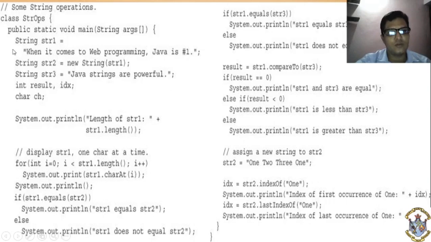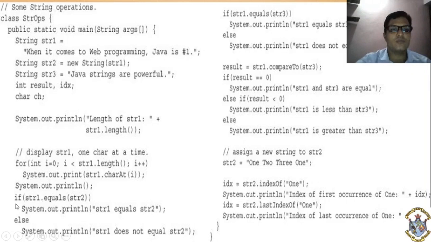What is the 0th location value? W. Got it? So it will print continuously. One character at a specified location you are extracting, and you are printing: When it comes to web programming, Java is number 1.